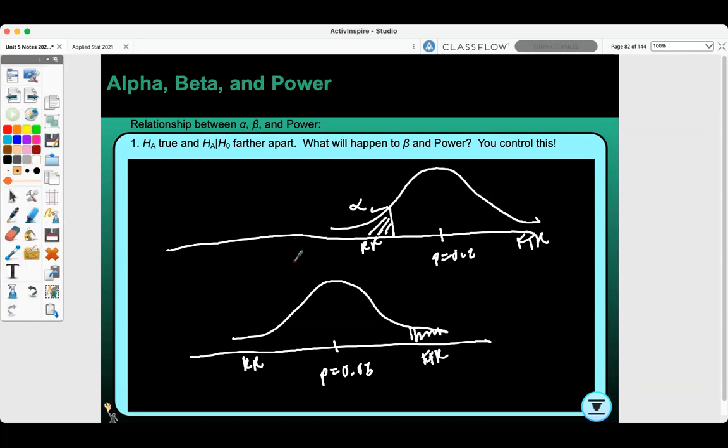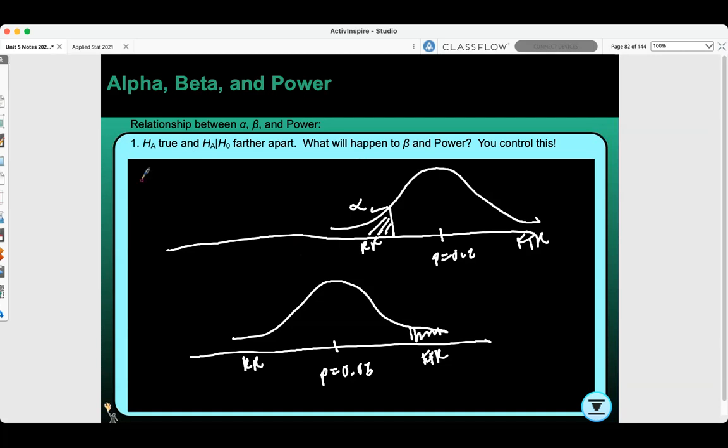Our power goes up and beta goes down. So as they go further apart, power increases and beta decreases. You're more likely to find a cheating company cheated because the company now really is cheating, because that beta got even smaller.